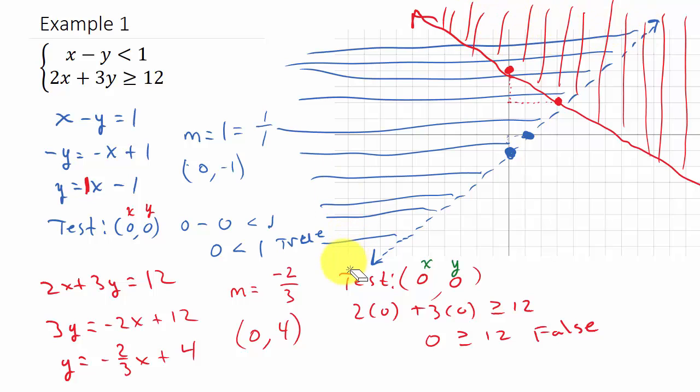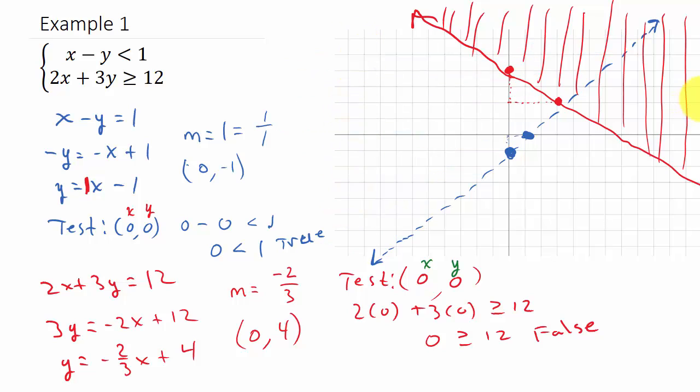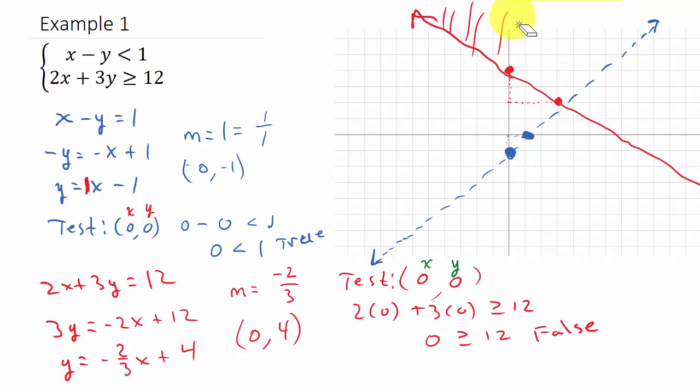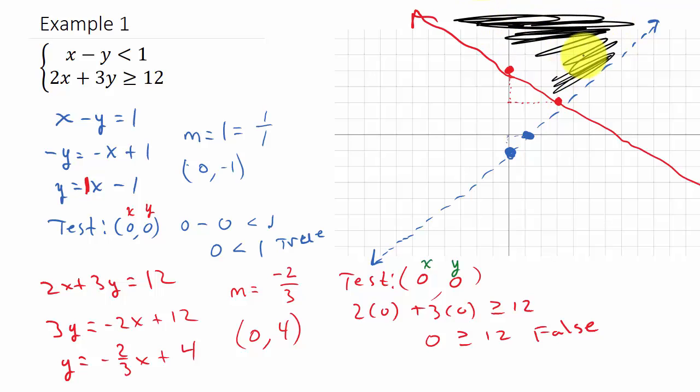You can come up here and erase all the lines you have. And remember, they overlapped in here. So this is the part that I shade in solid. And that's your answer, and that's your graph.